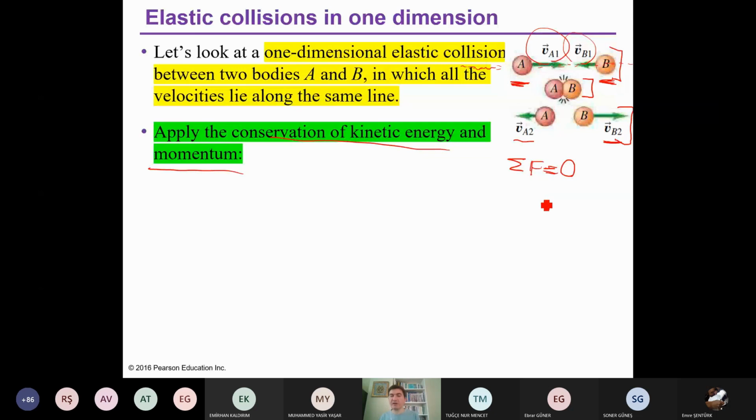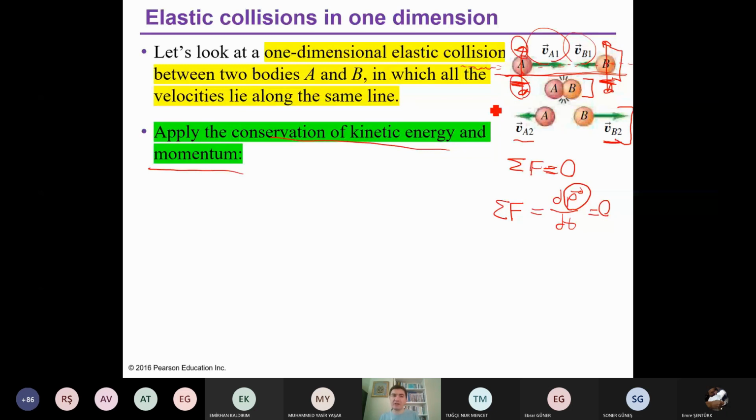Here, let's consider these balls are staying on a certain table. So this has a certain weight, this has a certain weight, and there's a normal force acting on A and a normal force acting on B, but these forces are equal to each other, and the net force along the y-axis is 0.